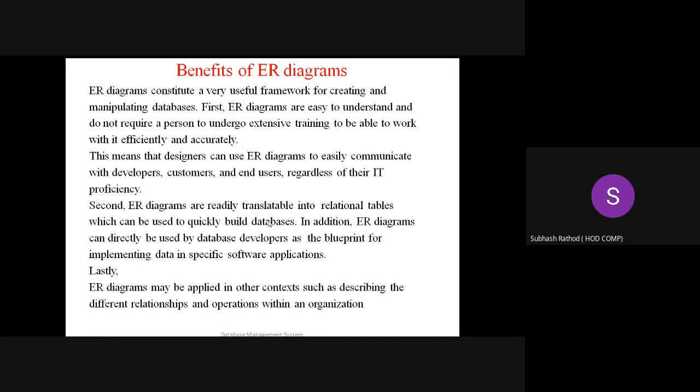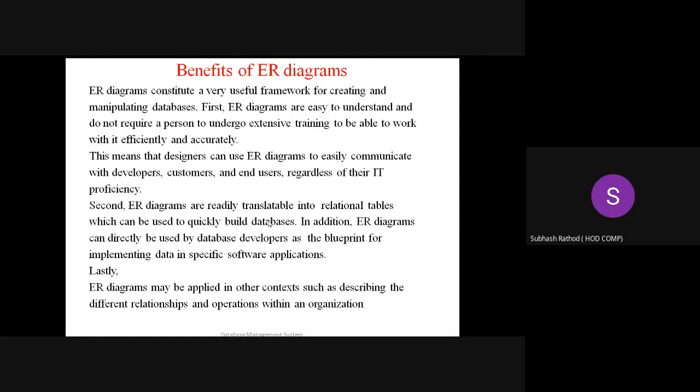For example, if I ask you to implement the library database using Oracle tools, from the ER diagram you can easily create the tables and implement them in the database, which can be used to quickly build the database.